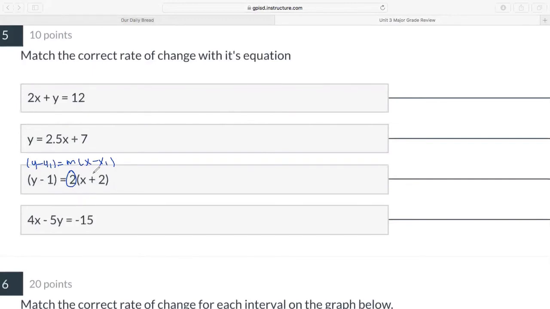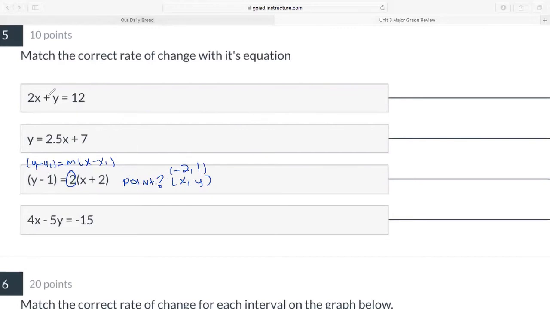Little extra, what is the point that it's giving you? Negative 2 and 1. Thank you. Awesome. Negative 2 and 1. So remember, it's opposite on this one. Plus sign, negative, minus sign, positive.